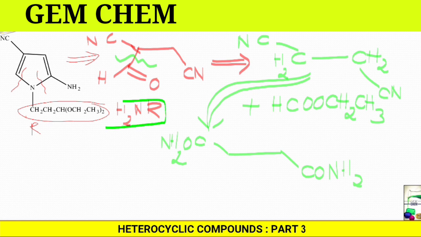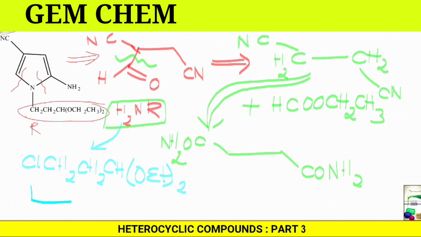If we talk about this synthon particularly, this can be obtained by using Cl, CH2, CH2, CH, OEt whole twice, and this can be again obtained from CH2 double bond CH, CHO, and if we again try to break down, we will have alcohol in the three positions, that is CH2OH.